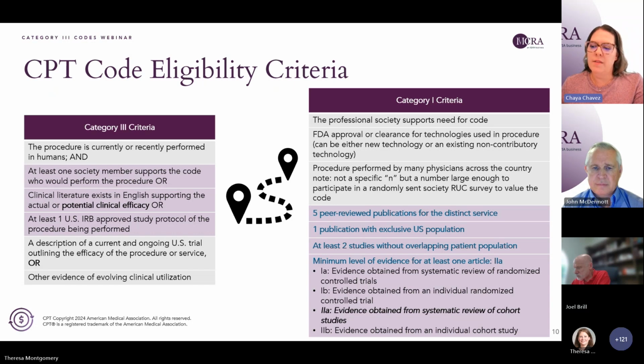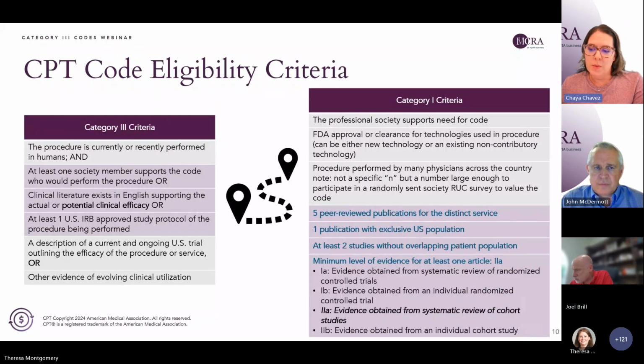But they need to have a large enough number of respondents to the survey by providers that are relevant to your particular technology. They need enough of those providers to respond to the survey to understand how many providers are using it across the United States and in what frequency.